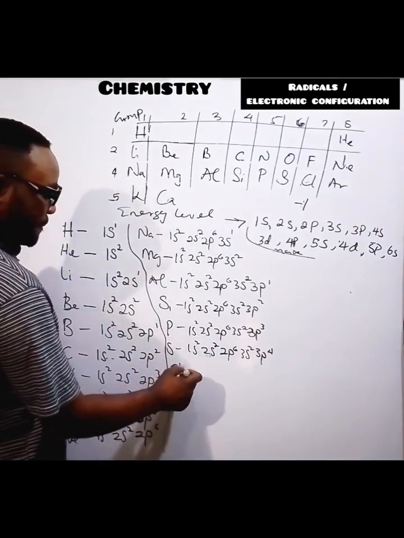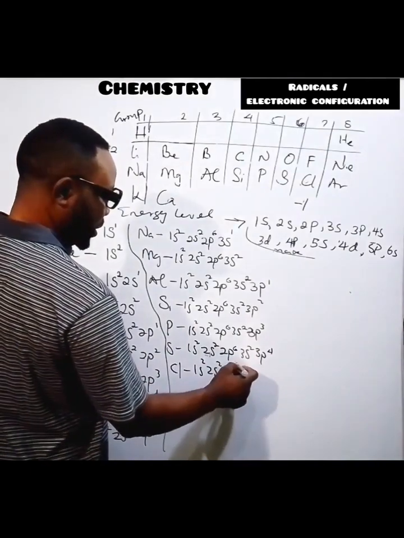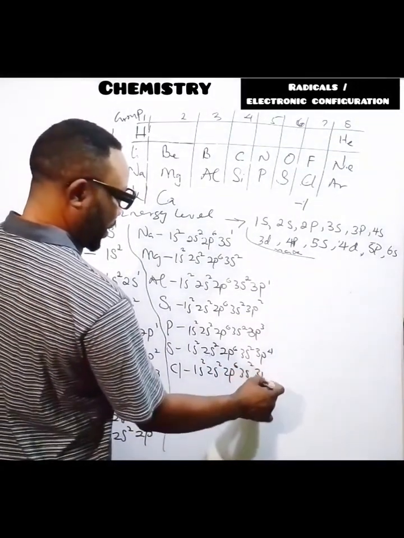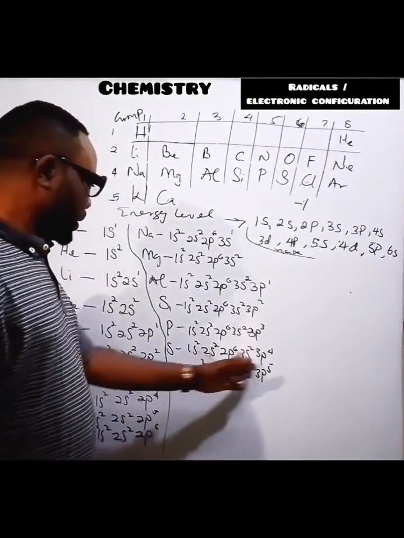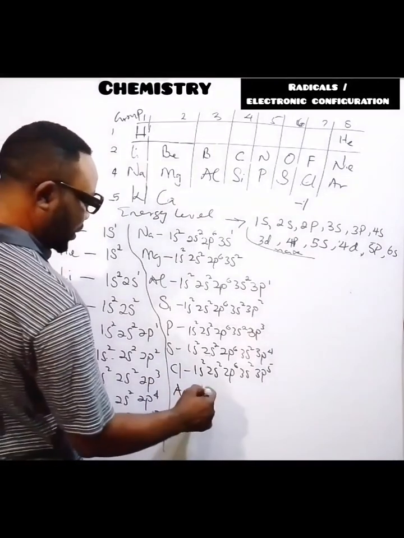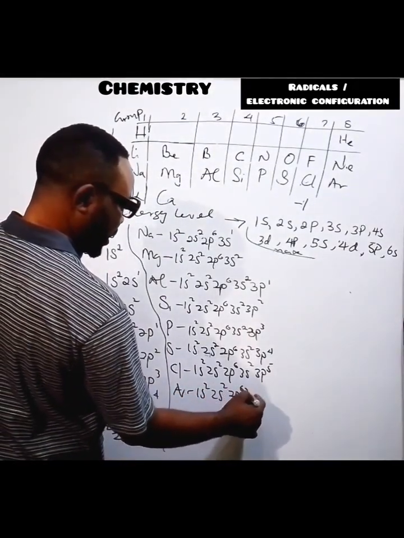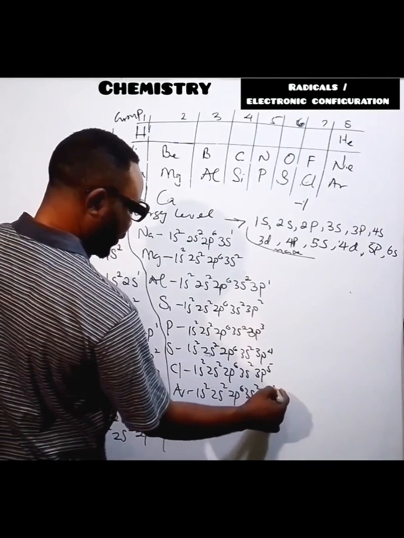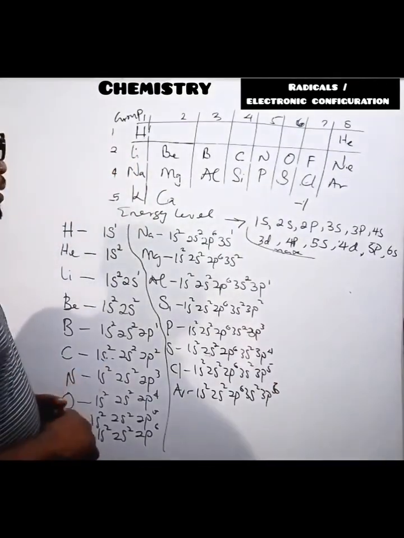Chlorine, 1s2, 2s2, 2p6, 3s2, 3p5. Now let's count chlorine. That's 17. Yes, that's right. Argon is 1s2, 2s2, 2p6, 3s2, 3p6.